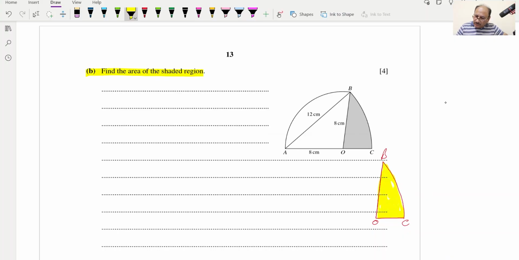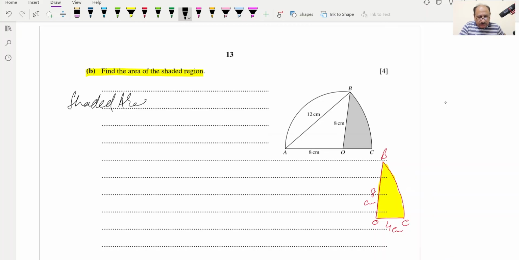In this drawing we can figure out this side is 4, and this side is 8 centimeter, and 4 centimeter. Now what is the shaded region?